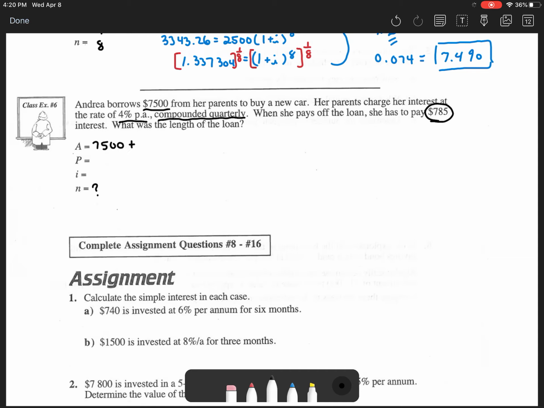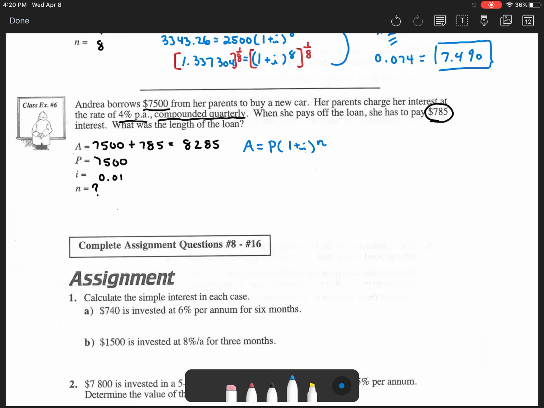So the amount that she owes is going to be the $7,500 she borrowed plus the interest that she owes, which was $785. So her final amount that she owes her parents is $8,285. The principal amount of her loan was $7,500, and the interest rate is going to be what? Well, 4% a year compounded quarterly, so divide 4% by 4 and you get 1%, which is 0.01 as a decimal.